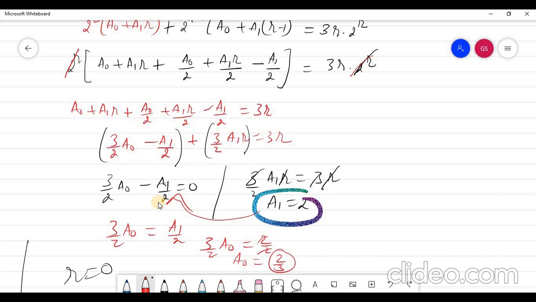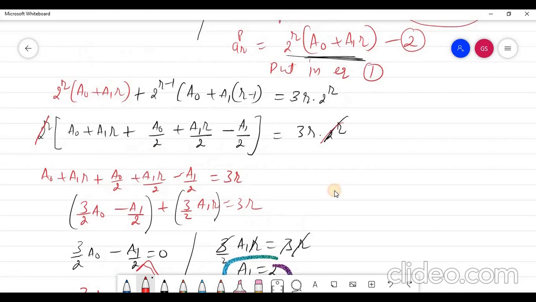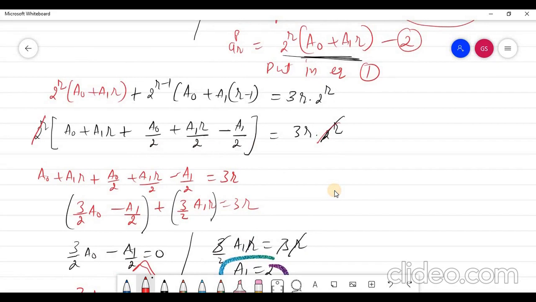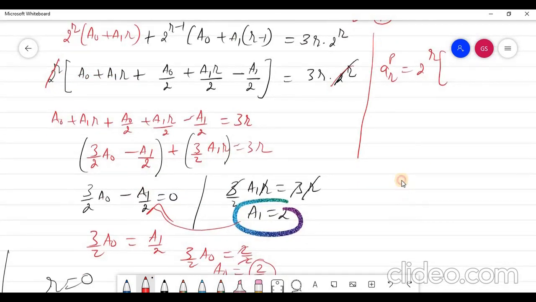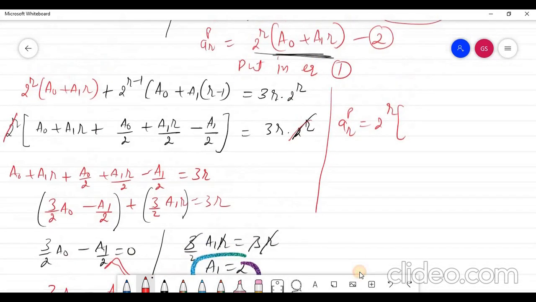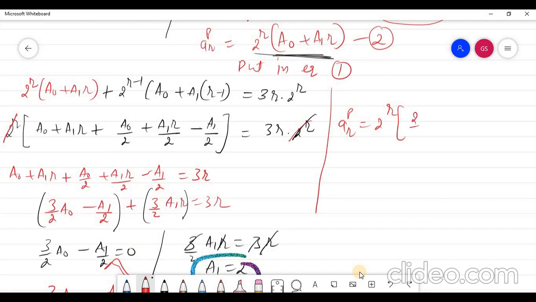We are going to put these in equation number 2 to get the particular solution. So a(r) p is equal to 2 raised to power r, and the value of a0 that we have calculated is 2 by 3, plus the value of a1, which is 2, times r. So this is the particular solution.